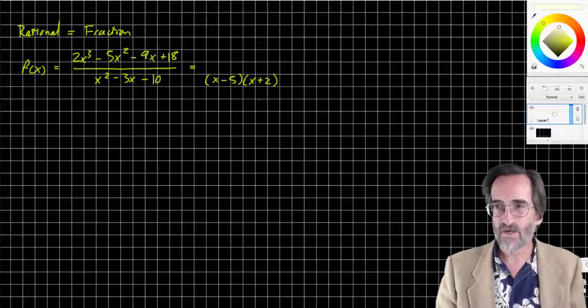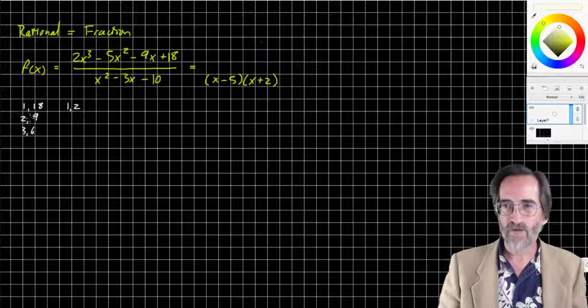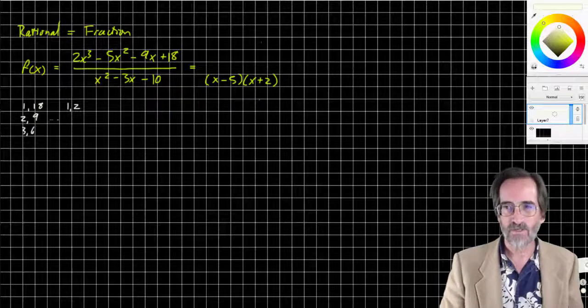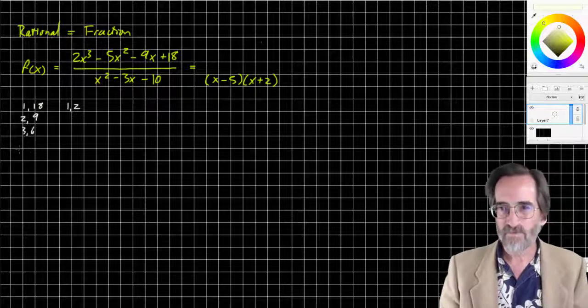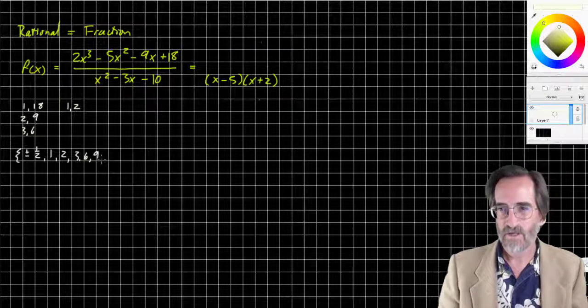Factors of 18 are 1 and 18, 2 and 9, 3 and 6, and that's about it. Factors of 2 are 1 and 2, and we can divide any of these by 1 or by 2. So the possible rational roots are plus or minus 1/2, 1, 2, 3, 6, 9, and 18.